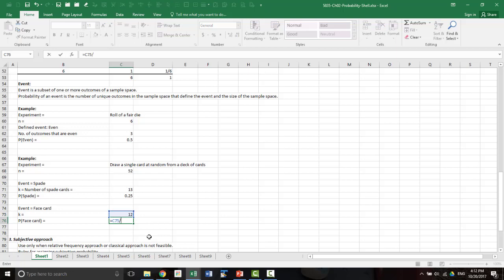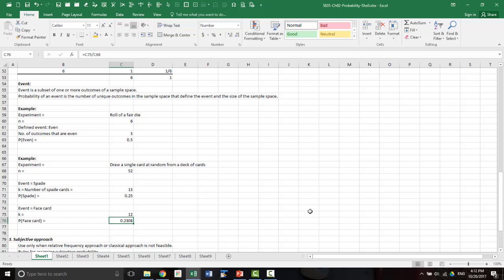So that is 12 divided by the sample size of 52. That will give us the probability of a face card. Again, let's format this to 4 decimal places.